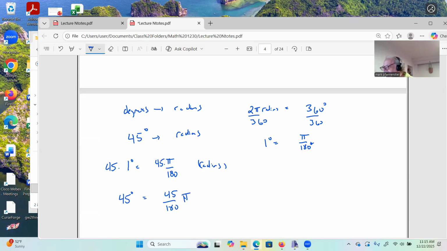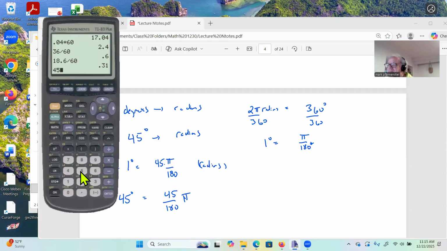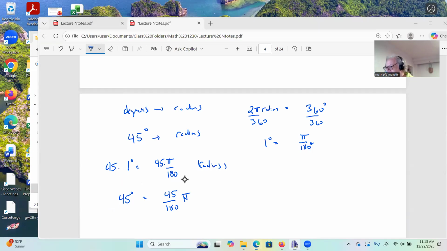Usually we leave the pi by itself sitting there, not always, but I'll show you one of those in a little bit. So 45 divided by 180, I know that's going to be 0.25, so it's going to be 0.25 pi.